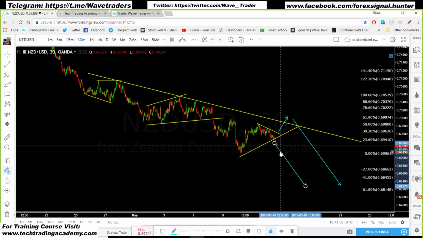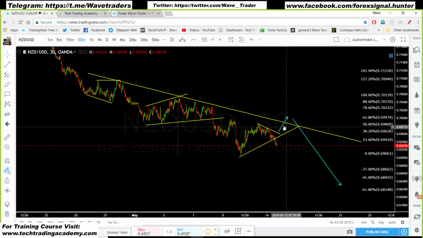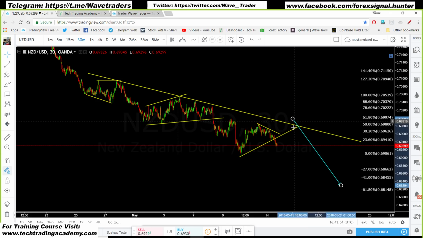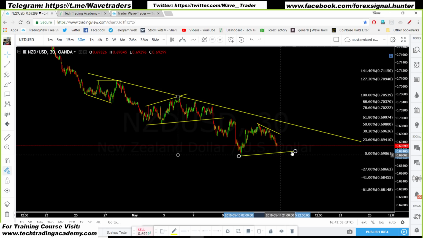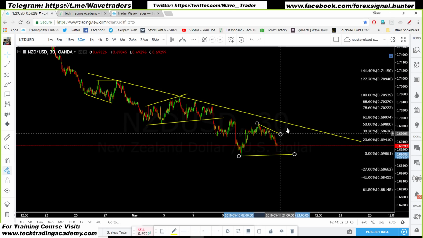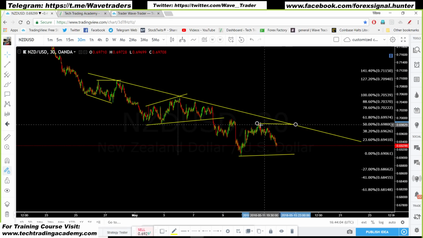We were looking for one more bullish wave before price starts to continue for more downside, but it has broken down, so that flag, that one ABC move, is not there. So the pattern is going to change.